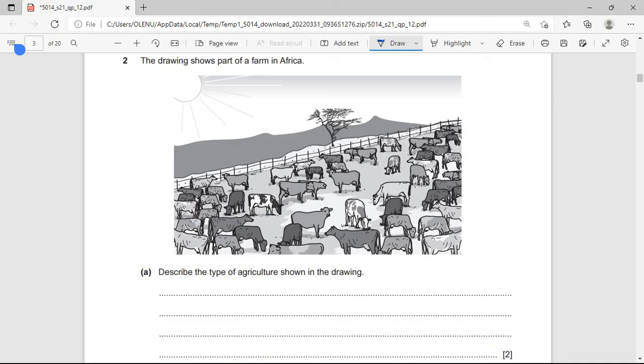So what you just write here is pastoral farming, which is the rearing of animals.